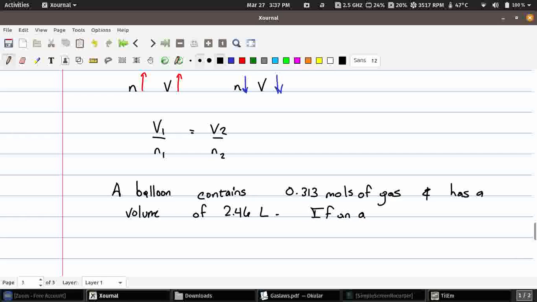If an additional 0.214 moles of gas are added to the balloon, what is the final volume?